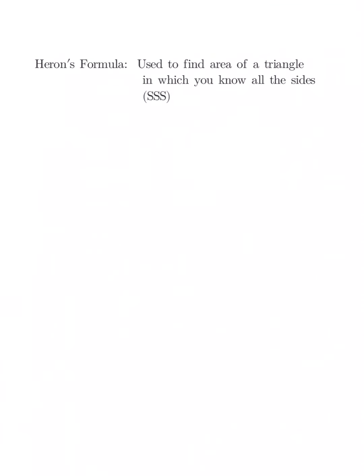The last area formula that we are going to look at has a name called Heron's formula, and it is used to find the area of a triangle in which you know all of the sides, which is symbolized with side, side, side, 3 S's.